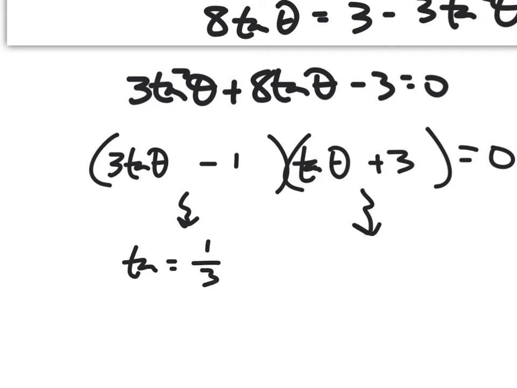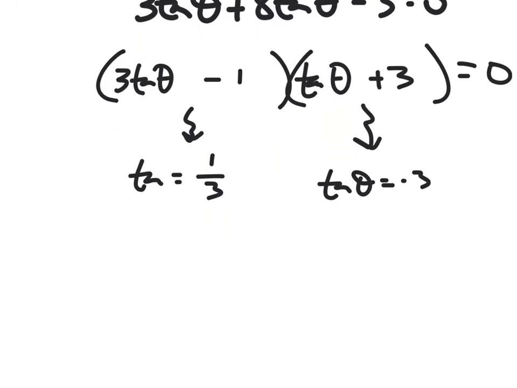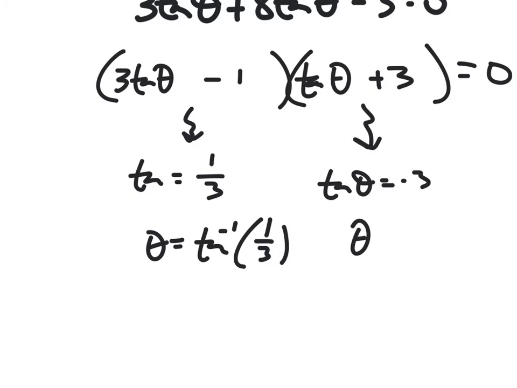If I wanted this to equal 0, then I'd want the tangent of theta to equal -3. Therefore, I would want theta to equal the inverse tangent of 1/3. I don't know what that is, but that angle would be our answer there. And I'd want theta to equal the inverse tangent of -3.